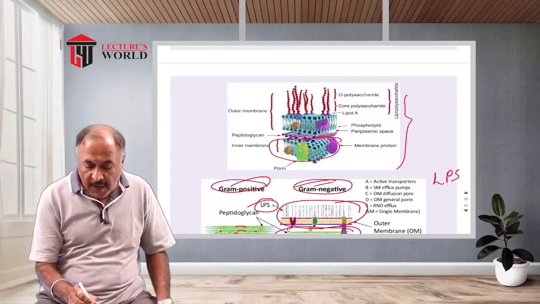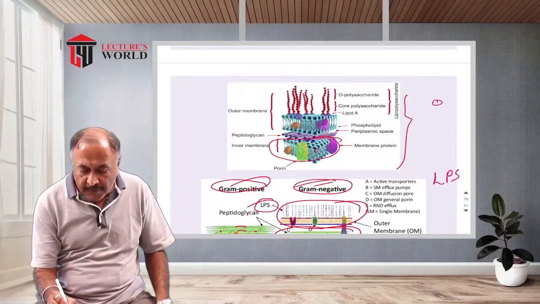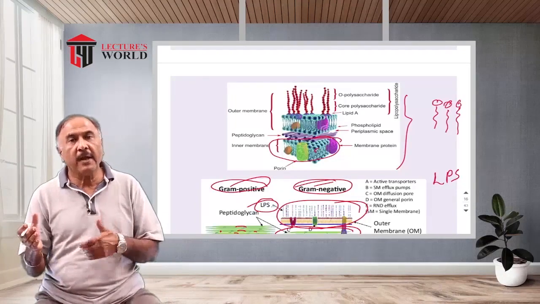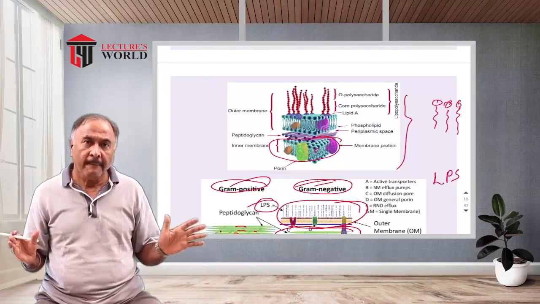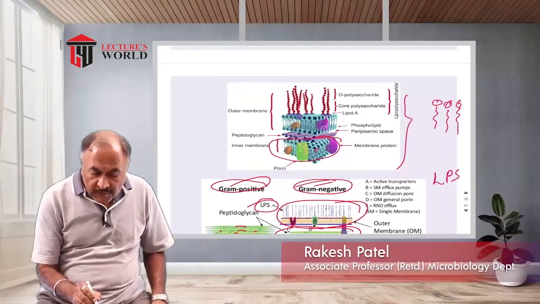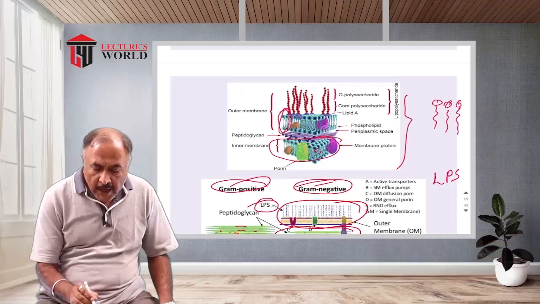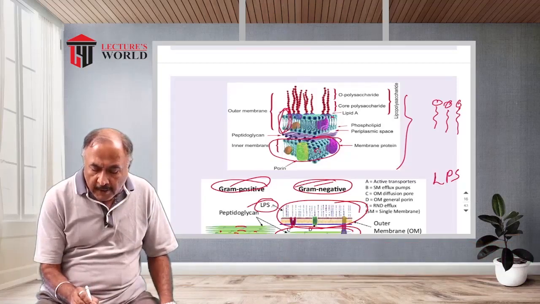See, it is a lipid bilayer. This is how we represent the lipid bilayer structure: one end hydrophobic and the other end hydrophilic. So this structure and these structures are very much similar. See here. And this is lipid A, the round thing, this entire thing.